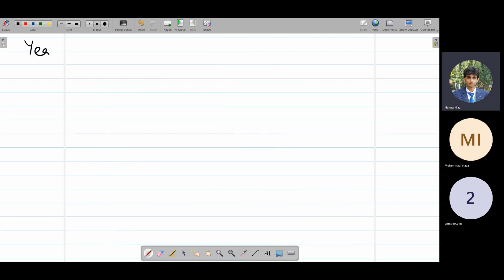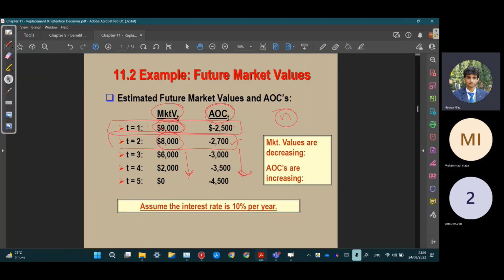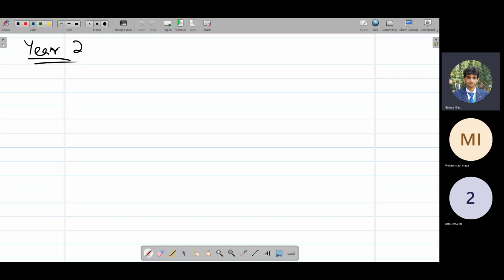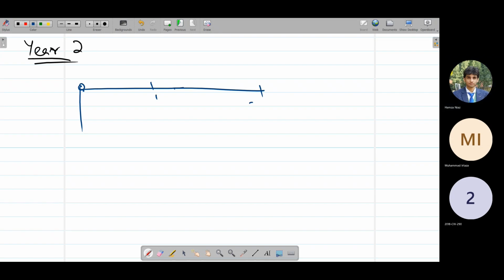Similarly, for year 2, we have to again draw the diagram. For year 2, we are saying the annual operating cost is 2,700, and the market value at the end of year 2 would be 8,000. So year 0, year 1, year 2.